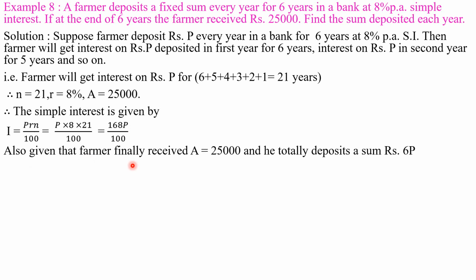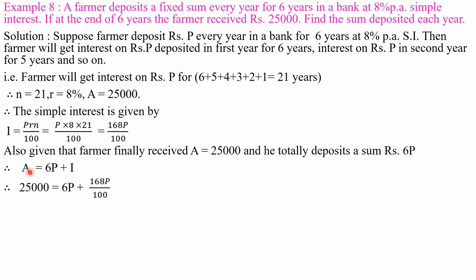Also given that the farmer finally received amount A is equal to 25,000, and the total deposited sum is rupees 6P. So therefore amount A is equal to 6P plus I. And here I is equal to 168P divided by 100. Put this interest in this formula.